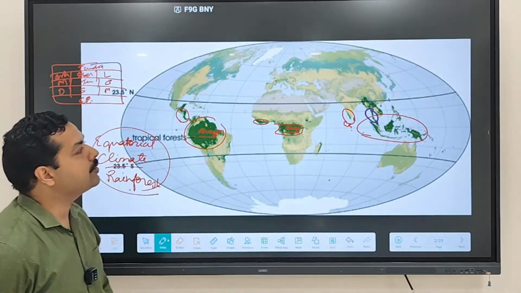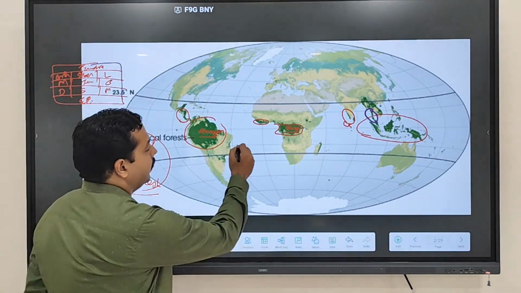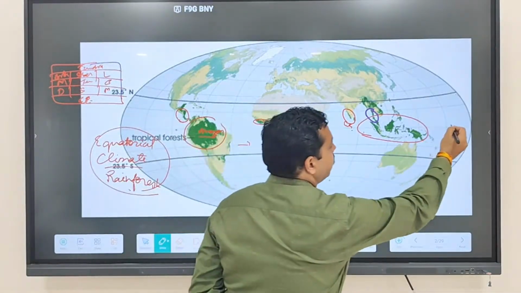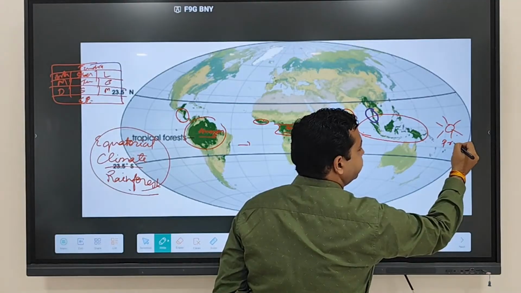So these are the regions where you are seeing the distribution of the equatorial climate. Clear? So what basically do you understand by the term equatorial climate? In the equatorial climate you will see more sun rays, suns are present throughout the year.